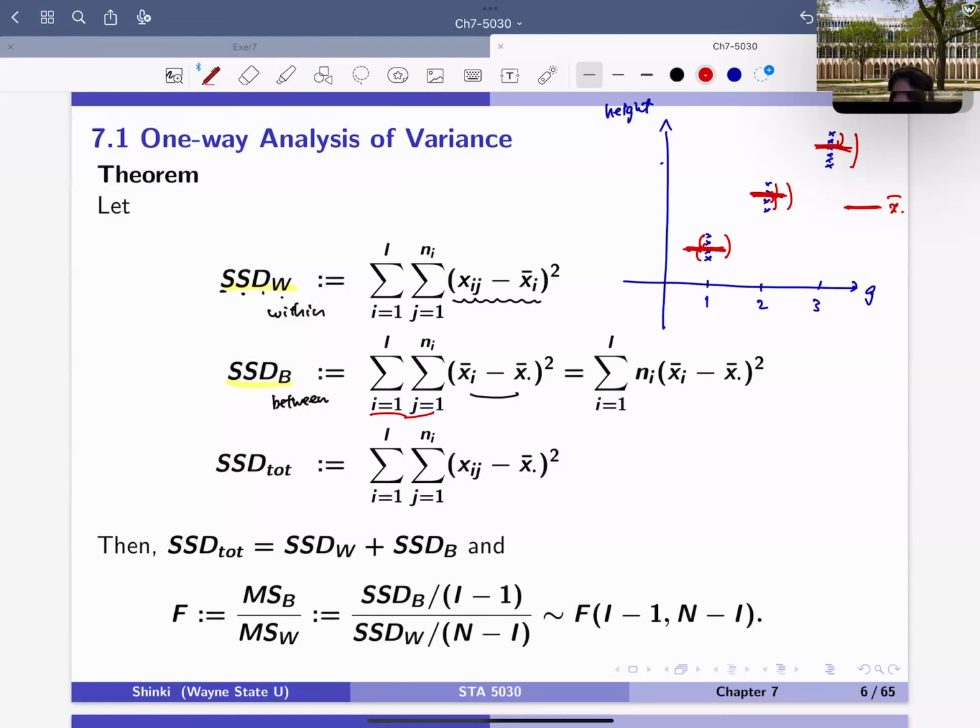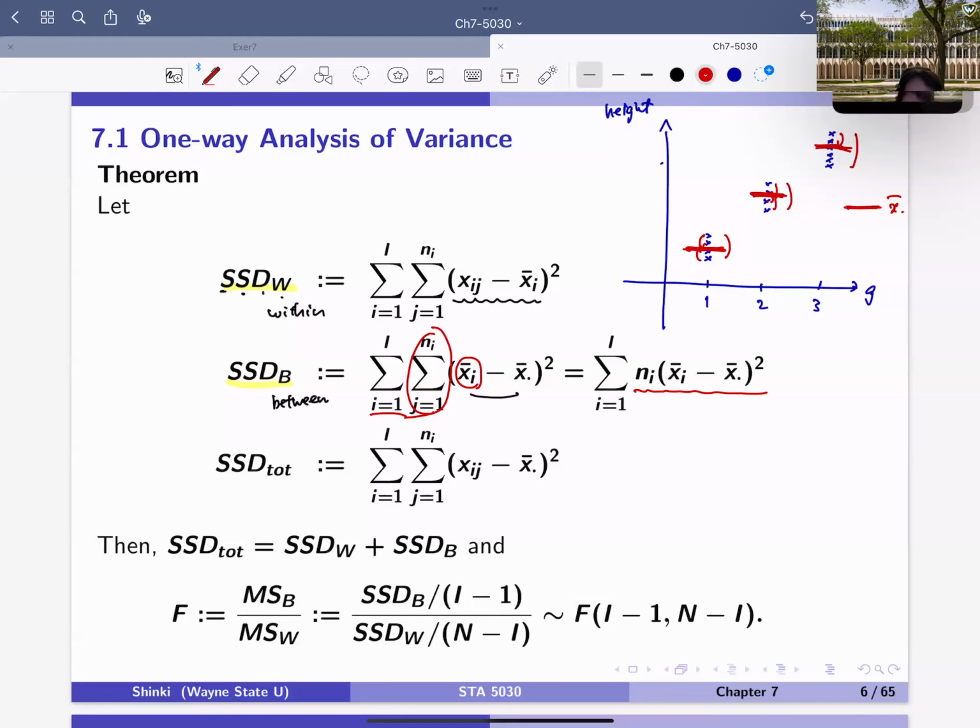So that is SSDB. But of course, the group mean is the same for all observations within a group. So in this summation over ni observations, xi bar is the same. So we can write this as ni times this. So this is SSDB.